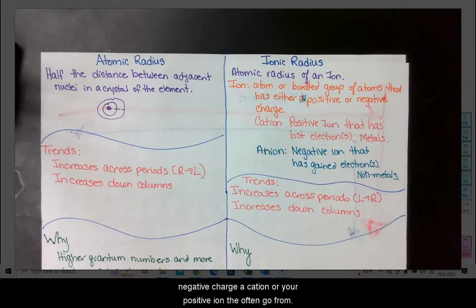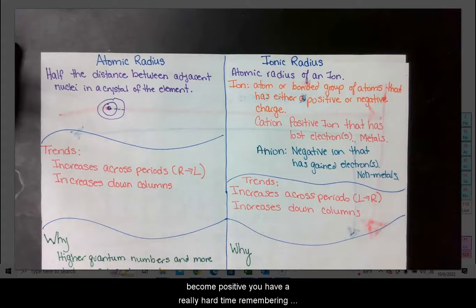Cations are your positive ions. They often go from group 13, or the boron family, on over to your left, so columns 1 through 13. Basically, your metals become ions, or cations, and become positive.